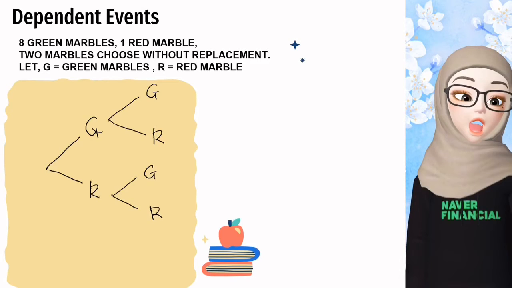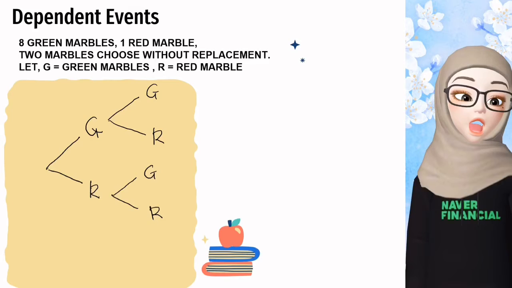So based on this tree diagram, we will have 4 outcomes. But remember, this is a dependent event, so we have to be more careful.